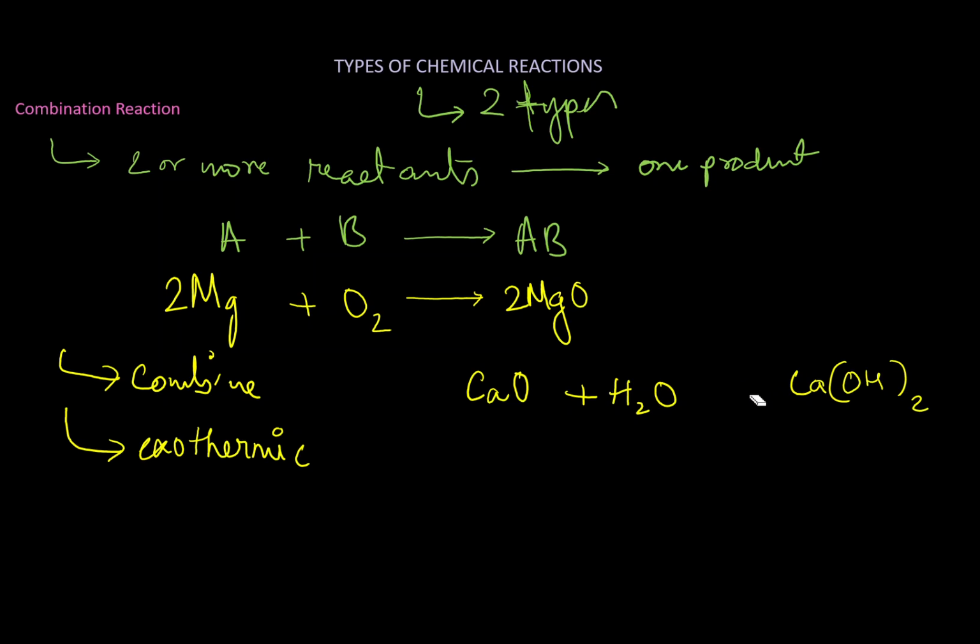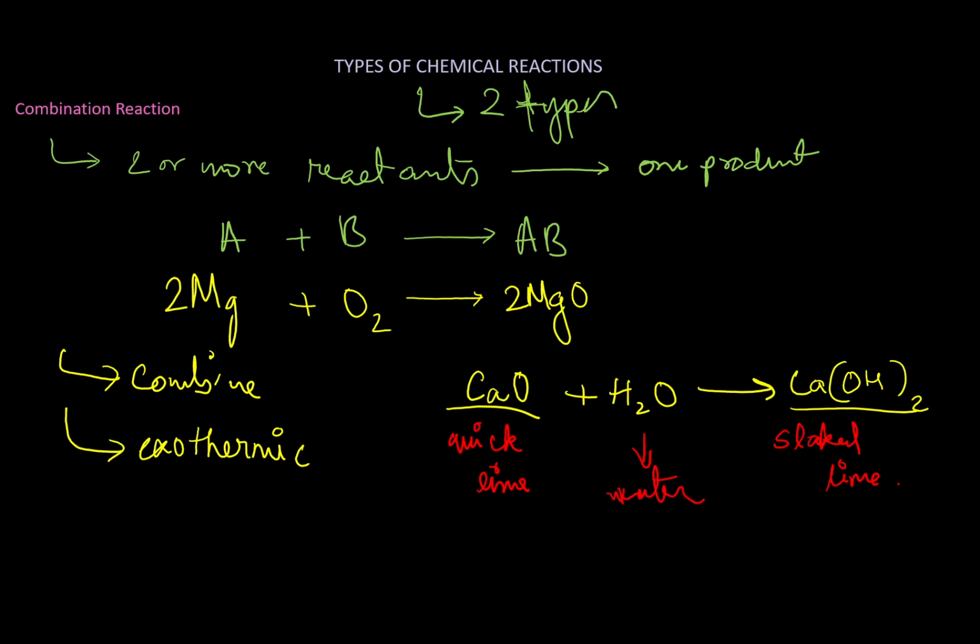This is slaked lime. Okay, Ca(OH)2 is slaked lime, CaO is quicklime. I can write them down. So this is quicklime and this is slaked lime. And this is water. Obviously it's water.